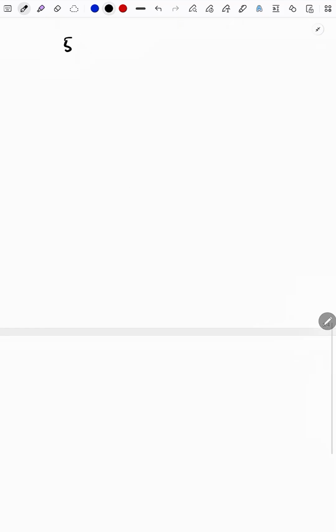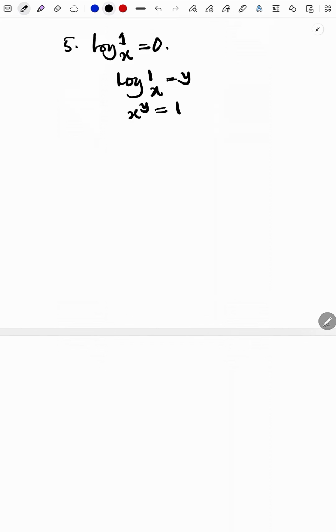For the fifth, log of 1 to any base will always give us 0. Now let us prove that. Let's say we have log 1 base x, and this is equal to y. Therefore, this will convert to indices form. This becomes x raised to power y is equal to 1.